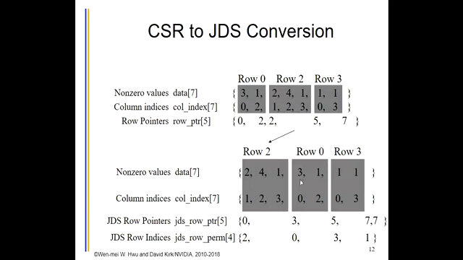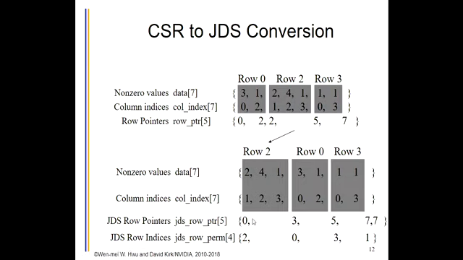When we sort, we take the longest row, row 2, and make it into the new row 0. Then take the second longest row and the third longest row, and finally we'll have a 0 row after. And all the column indices will follow the elements in the sort.